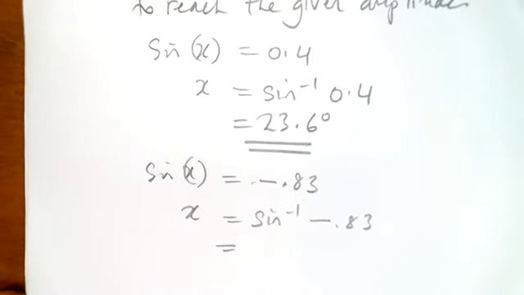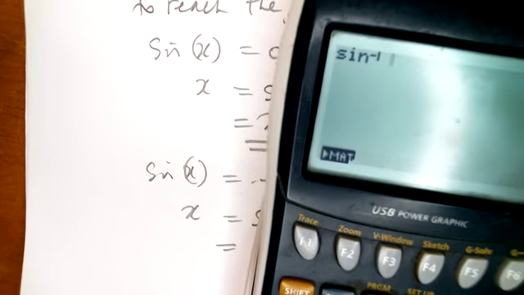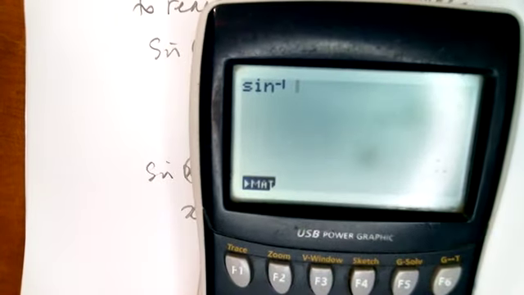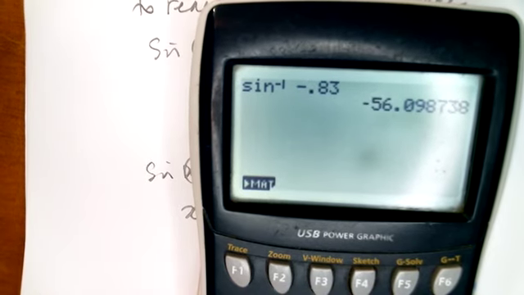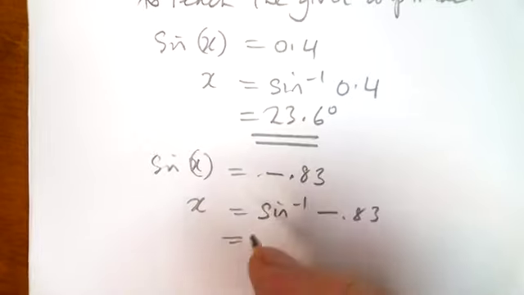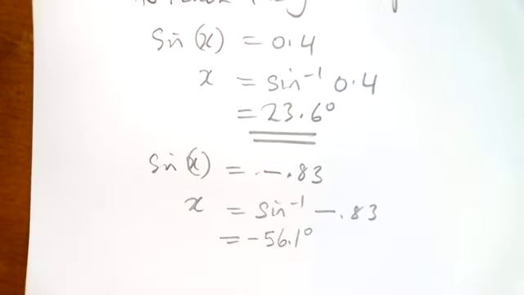And this is where things get a little interesting. We end up with negative 56.1 degrees. Well, what on earth does that mean even?